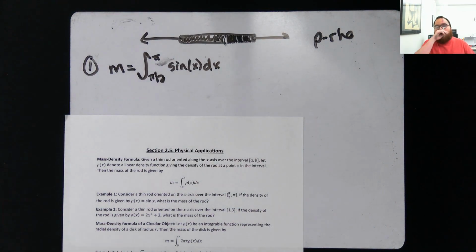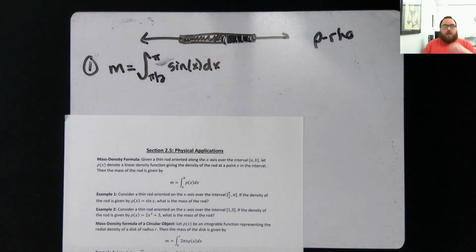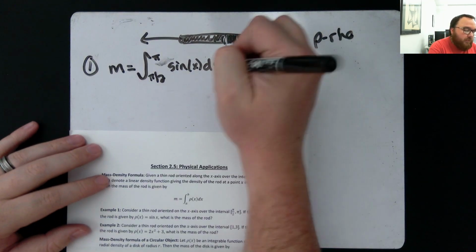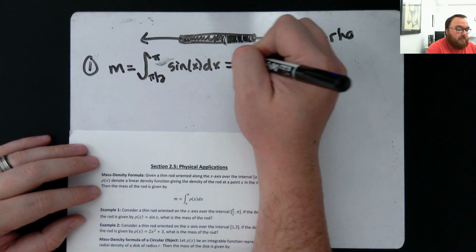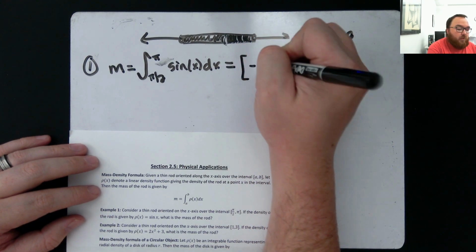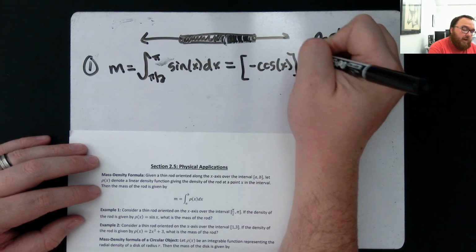This is something we have done a bunch of times, right? So all I've got to do is take the antiderivative of sine of x. We know that is negative cosine from pi over 2 to pi.